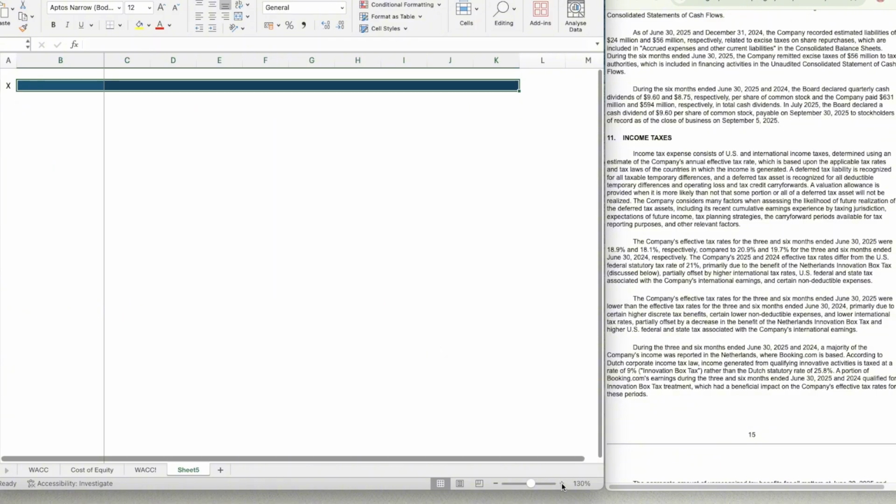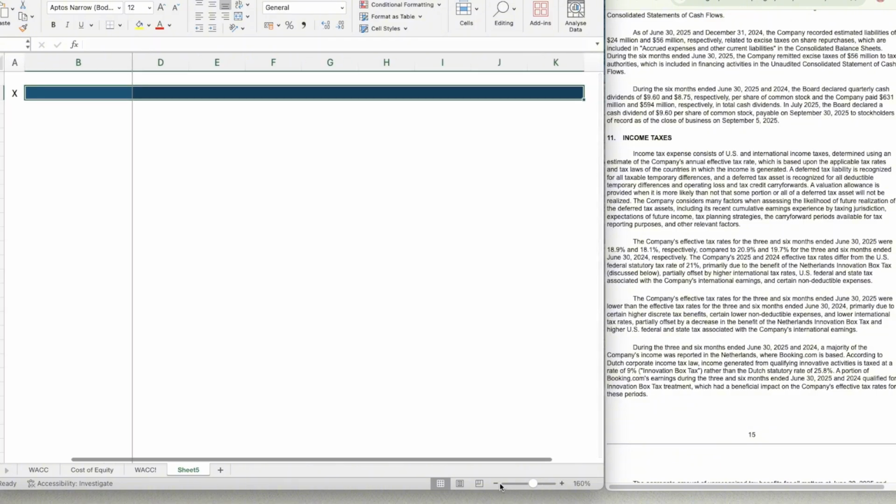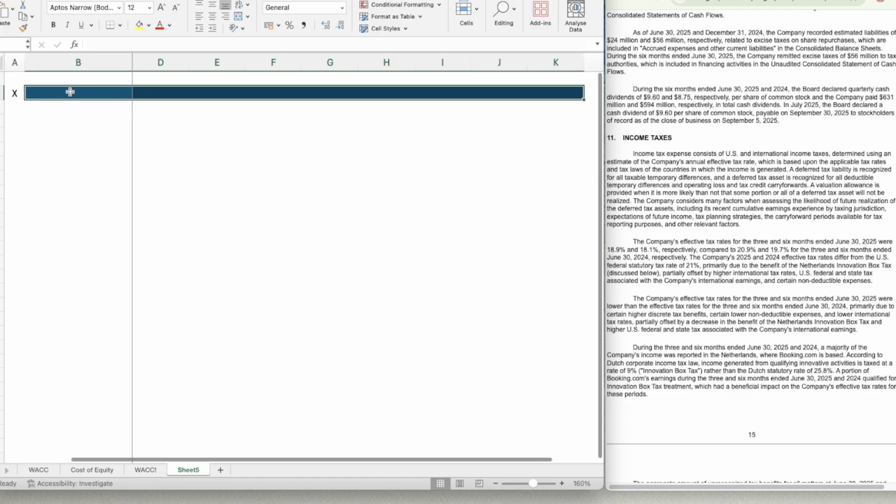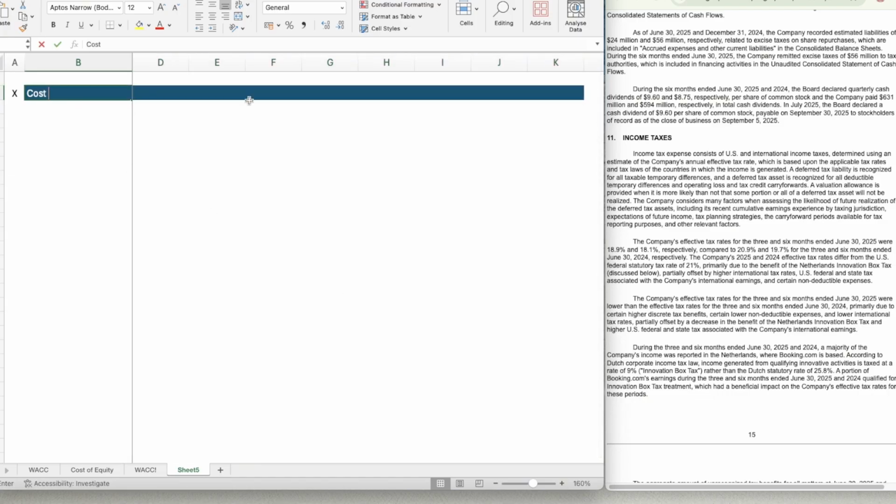Let's zoom in a bit more, make sure it's clear. So this is the cost of equity. And that is the risk-free rate, the beta, and the equity risk premium.